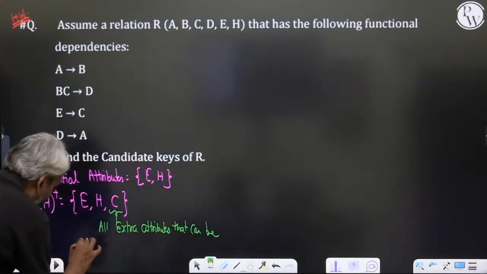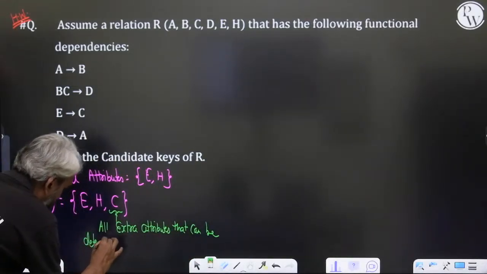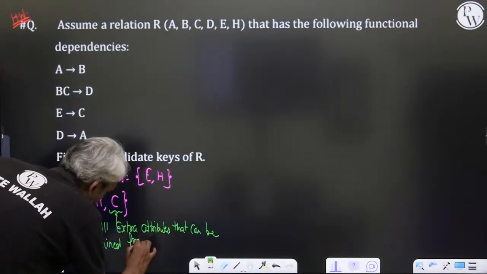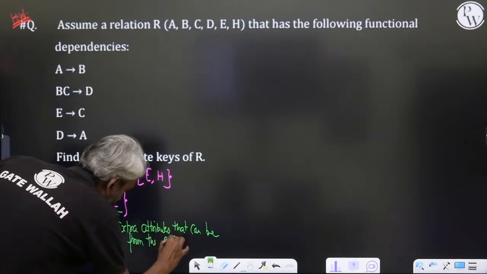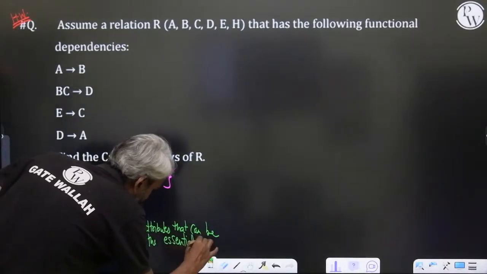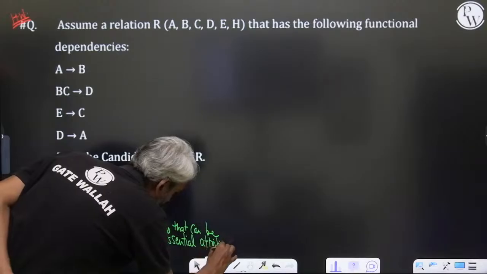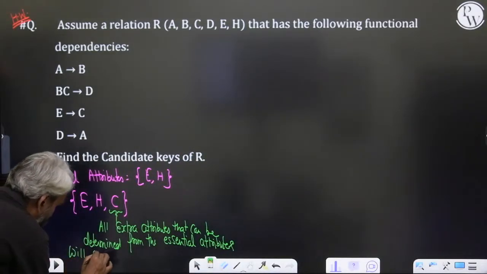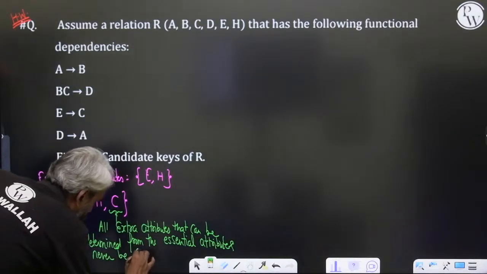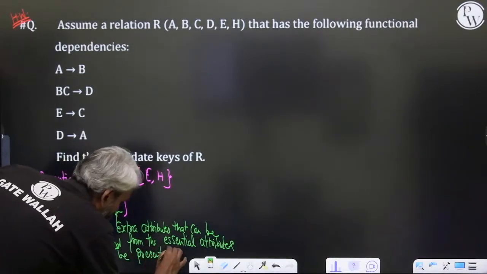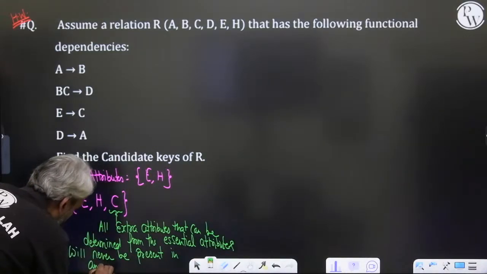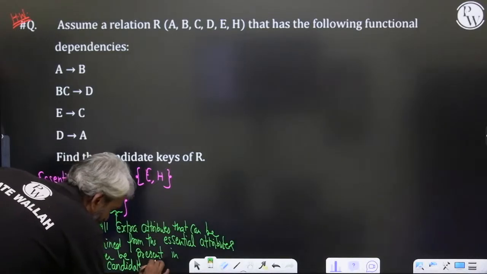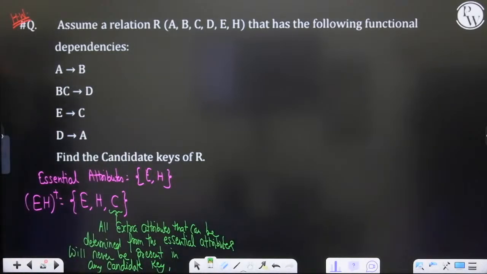They may be present in a super key, but a candidate key is minimal, therefore they will not be present in any minimal super key.